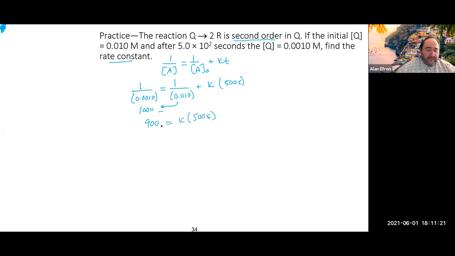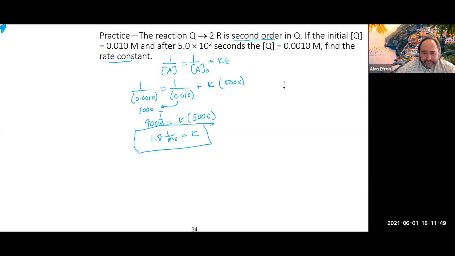We're going to divide that to the other side. It's actually 1 over molar seconds. And we take 900 divided by 500, which gives us 1.81 over molar seconds would be the units, which are the typical units that we would associate with our rate constant for a second order reaction.